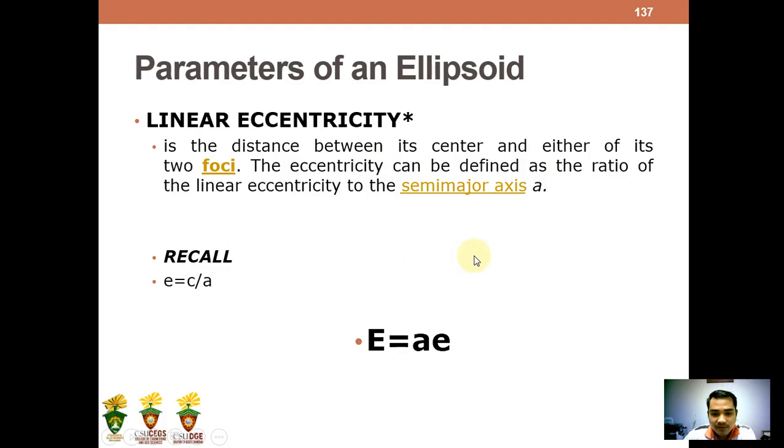Center going to the foci, that is c earlier. If we get the value of c, we cross multiply a and e, a times e. Since the linear eccentricity is denoted as capital E, its formula is the semi-major axis times its eccentricity.